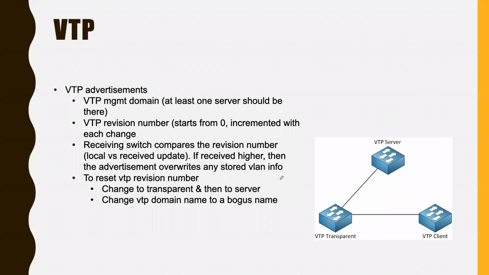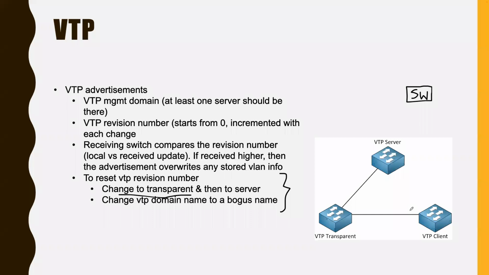No, the recommendation is, let's say you first connect the new switch that you want to connect, and ensure that its VTP revision number has been reset. First, let's say we change to transparent mode, then we can bring it back to any mode, may it be server, may it be client.